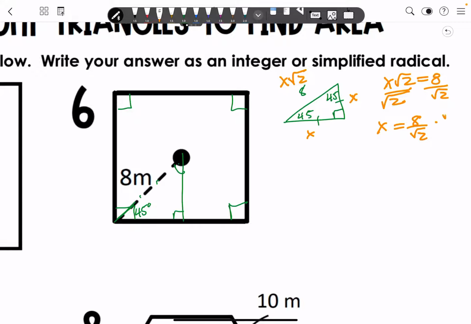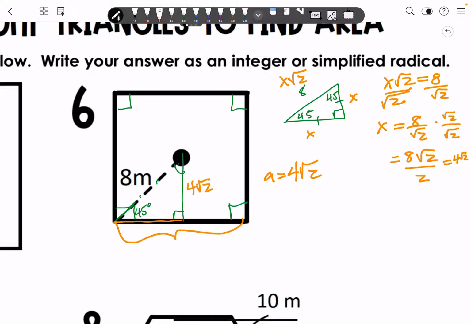You're going to multiply the numerator and the denominator by the square root of 2. You're going to get 8 square root of 2 over 2. That simplifies to 4 square roots of 2. That means your apothem right here is 4 square roots of 2. And half of this side is 4 square roots of 2. That means this entire side is going to be double that, which is 8 square roots of 2.